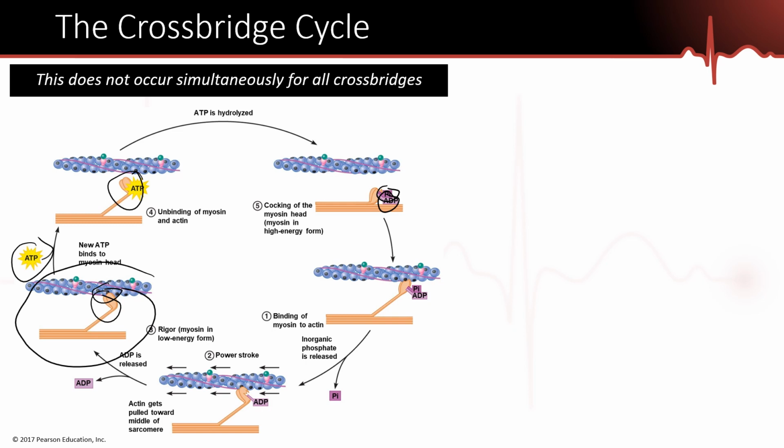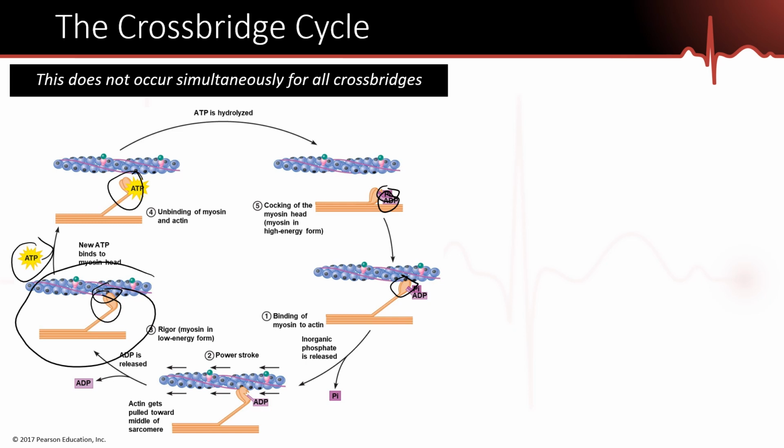So once the ATP is hydrolyzed to ADP and inorganic phosphate, it stays within the head, and the head moves back upwards and grabs on to a new globular actin. It grabs onto a new myosin binding site on a different G-actin.